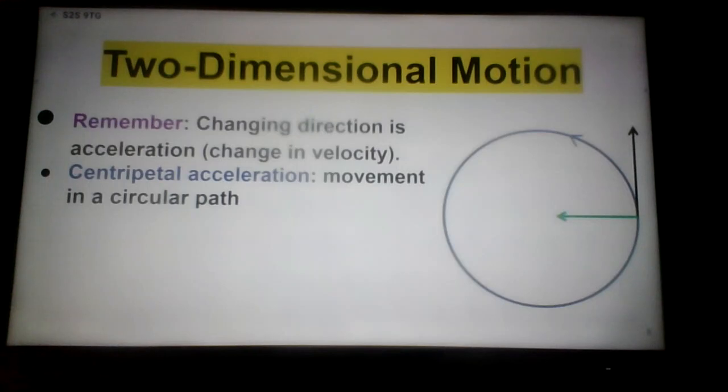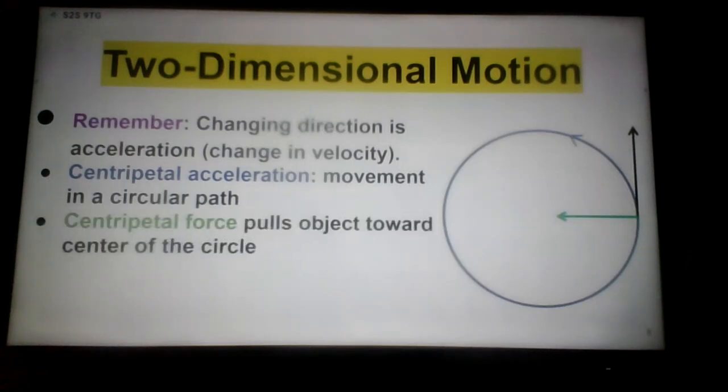There's a force that's pulling the object toward the center of that circle. Think of the planets, the sun pulling on the planets to keep those planets in an almost circular pattern. And we've talked about atoms before, the electrostatic force of the nucleus and the electrons, keeping the electrons in a circular pattern revolving around the nucleus.